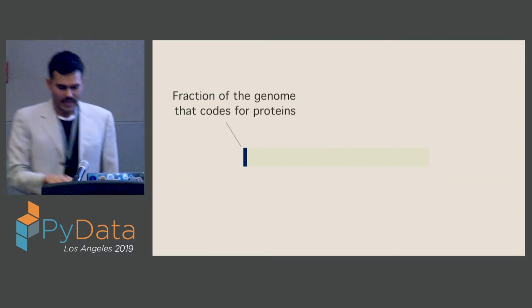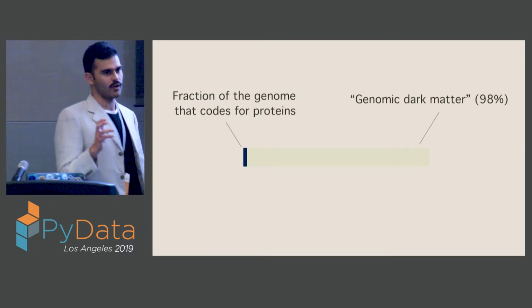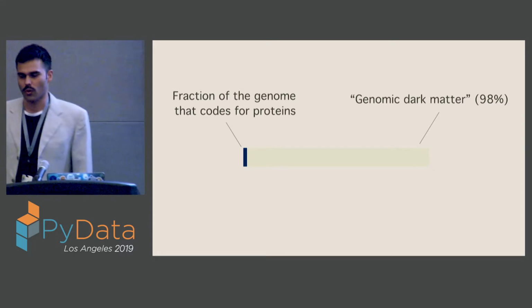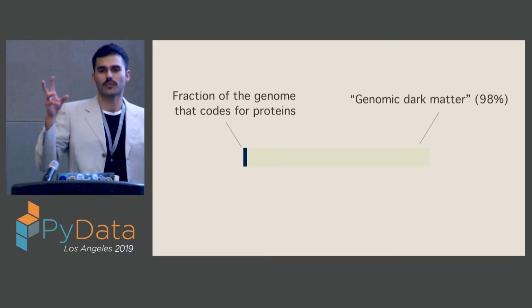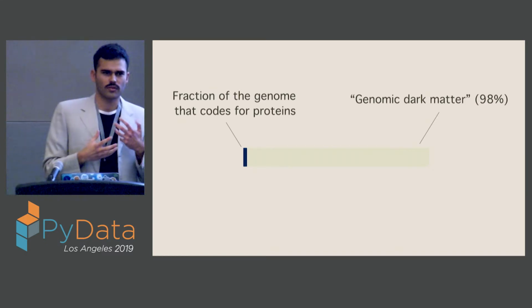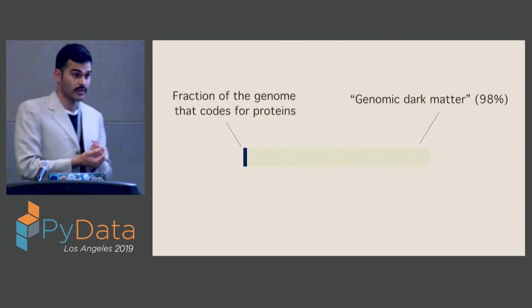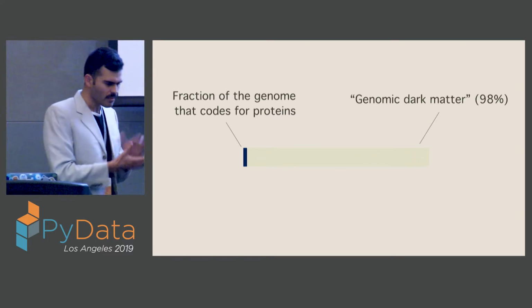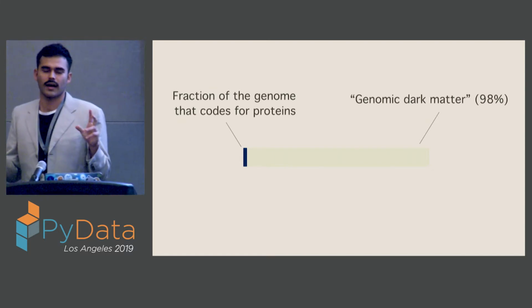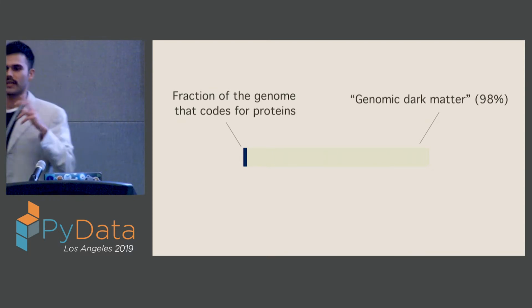And so this leaves us with a huge amount, this 98%, of non-coding regions of the genome. It's really interesting because we're just about getting to understand what is going on in this part of the genome, because people thought that it was junk DNA, but it's really not the case.